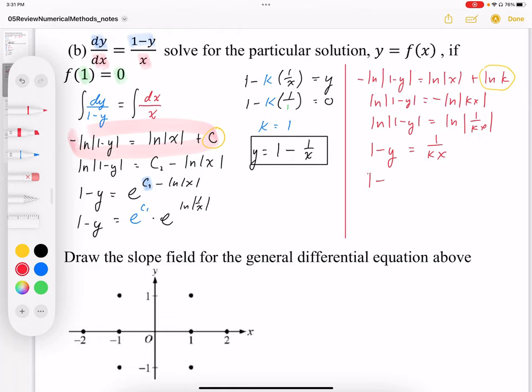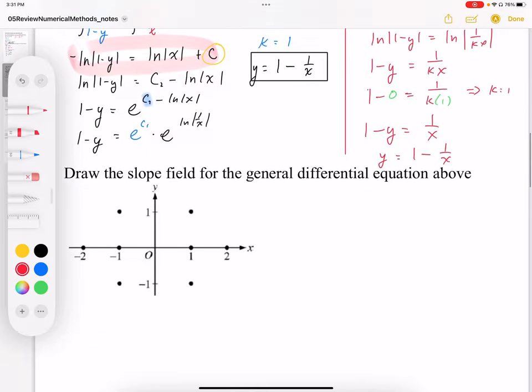So when I plug in y equals 0 and x equals 1, again, we can see that k equals 1. So then plugging back into this equation here, I get 1 minus y equals 1 over x. And again, I get the same equation, y equals 1 minus 1 over x. Okay, so that's dealing with that plus c in a different way than I did in the first solution.